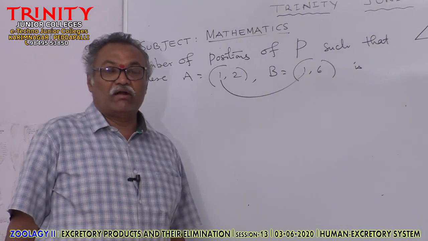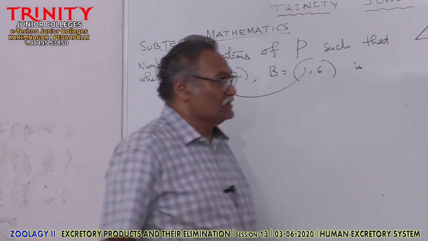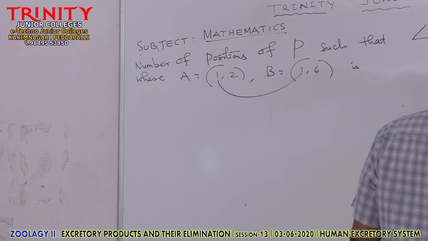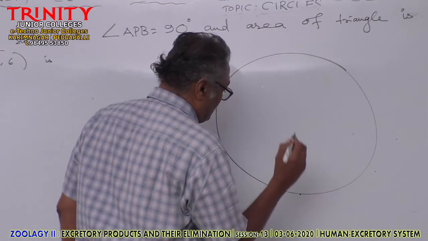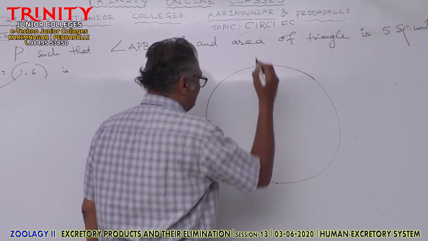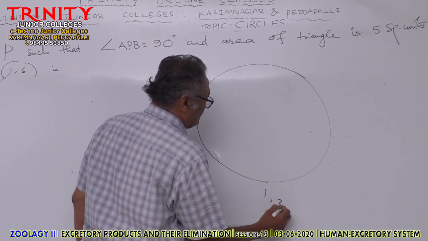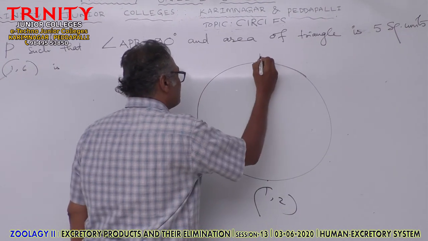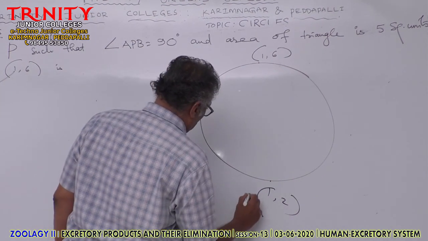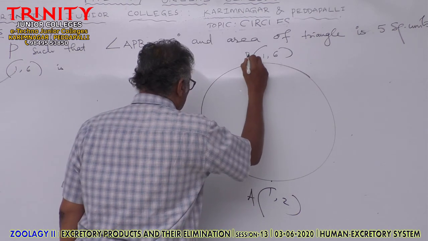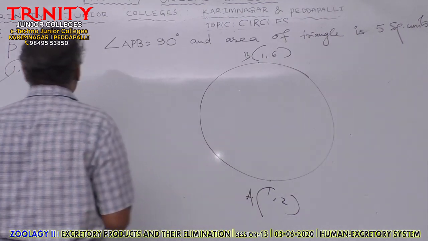So they lie on a vertical line like this. These are the given points, A 1 comma 2, B 1 comma 6.